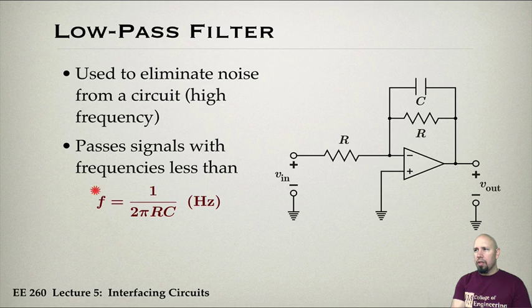A lot of things move relatively slowly, so this value can be used to determine some of these things. The actual theory behind low-pass filters is certainly beyond the scope of this class. In fact, I don't think you even get into them until EE 312, so that's a little way off. But this kind of circuit can be used to filter out some of the noise before it enters your system. So that can be a useful thing.